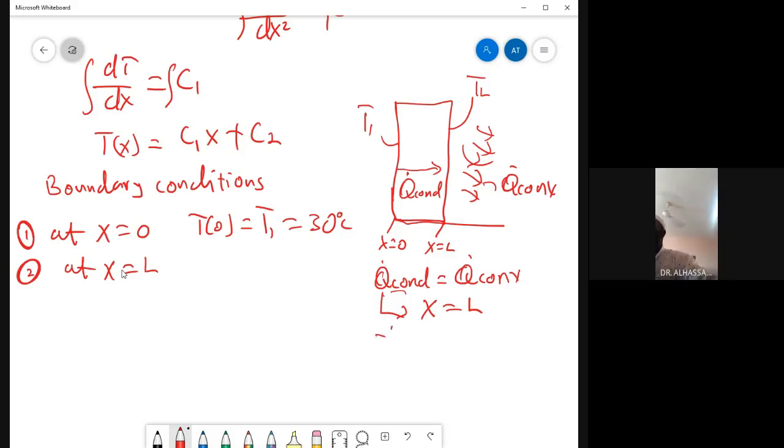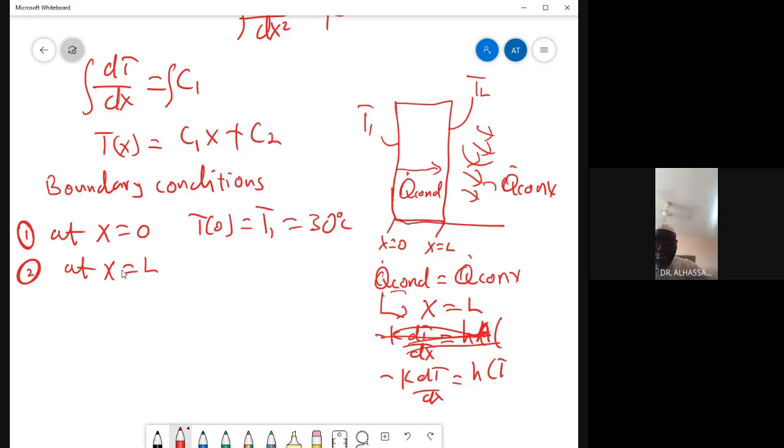Conduction is minus k dT over dx, and this should be equal to h times the area. Oh, I'm very sorry. We can express it in terms of heat flux for both cases: minus k dT over dx equals h times the bracket TL minus T infinity.